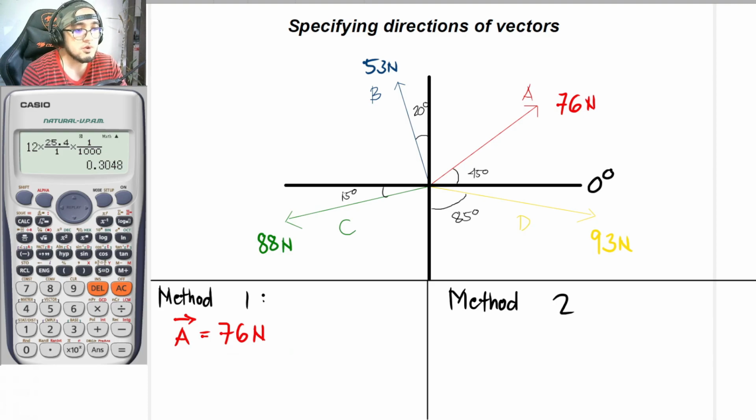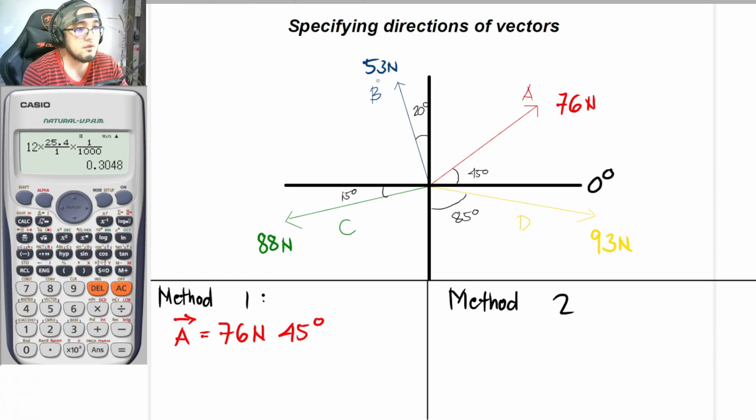For you to write this as a vector, we must of course write the direction here. For method number 1, we would be making use of the 0-degree reference line. The angle that you will be writing here is the angle from the 0-degree reference line up until the vector. It is already indicated here that this is 45 degrees. So 76 newtons, 45 degrees. This is now to be our answer.